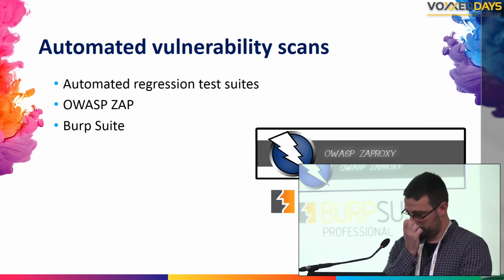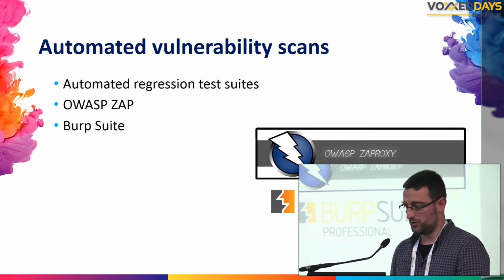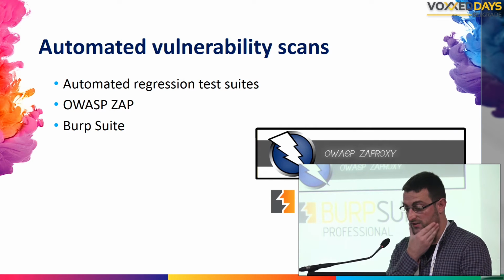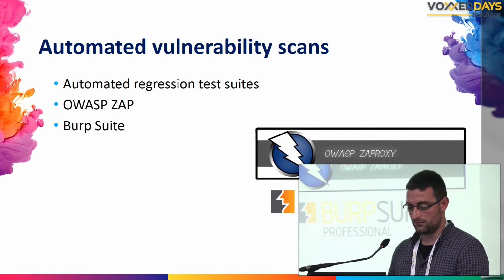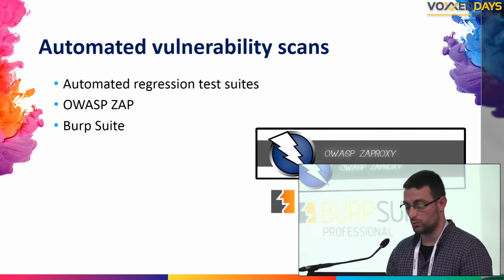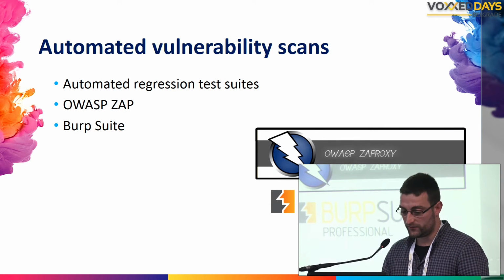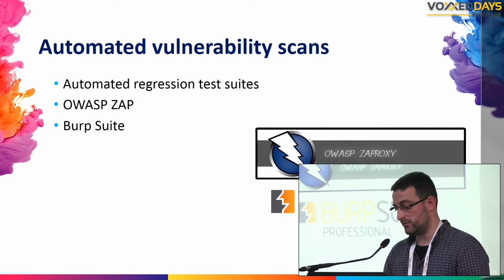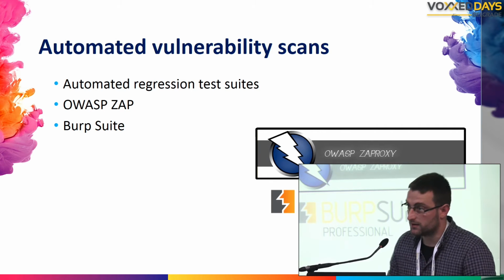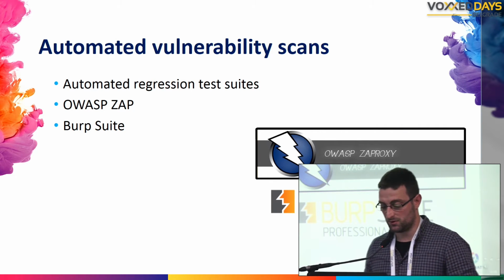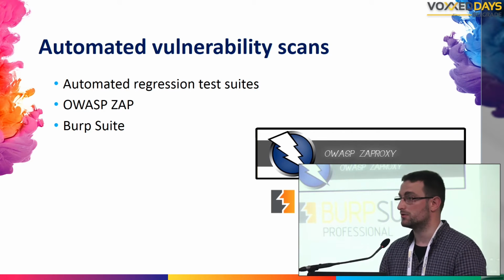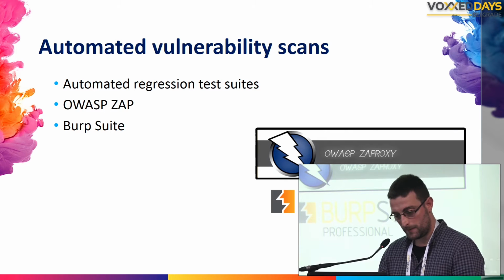Okay, next thing was automated vulnerability scans. Most of you, I guess, if you have done a security audit in your work, have used one of these tools, OWASP ZAP or Burp Suite, as a proxy for basically intercepting requests and fiddling with them, fuzzing them, and running active scans or spidering your application.